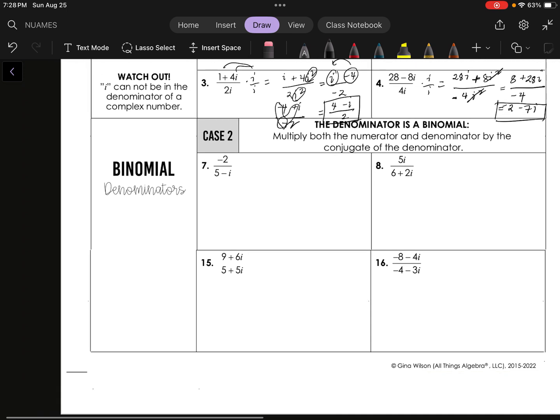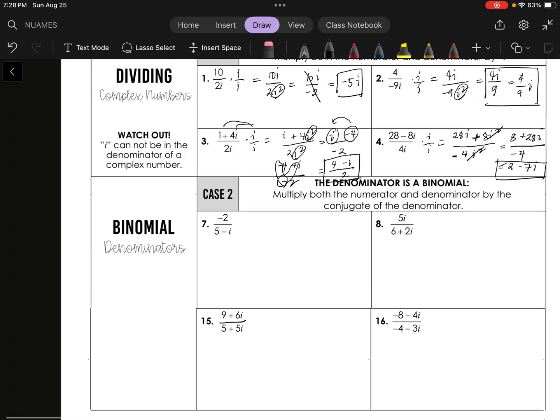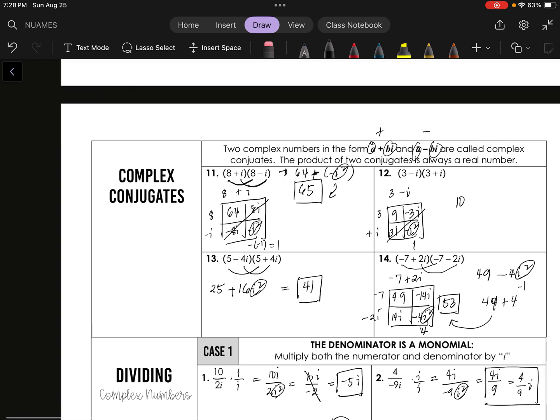Okay, last part, guys. This would be what we call multiplying the binomials by its conjugate. So sometimes your denominators don't just have one term, but a binomial term. And in order for you to cancel that out, if you notice here in the first few examples, the i's are canceling out as conjugates.